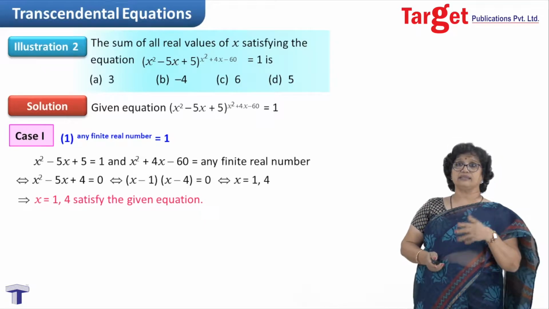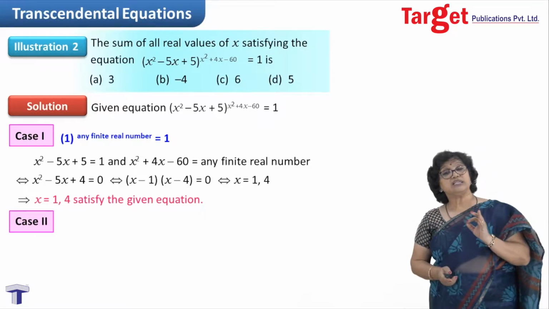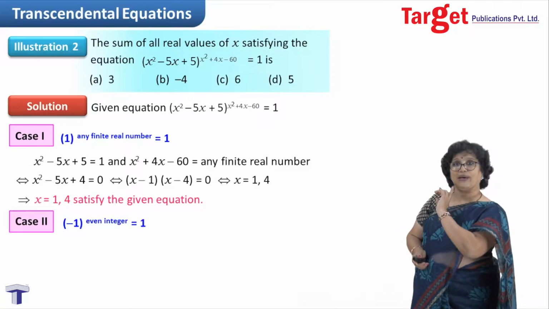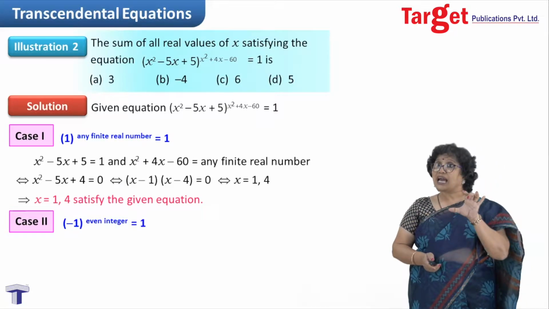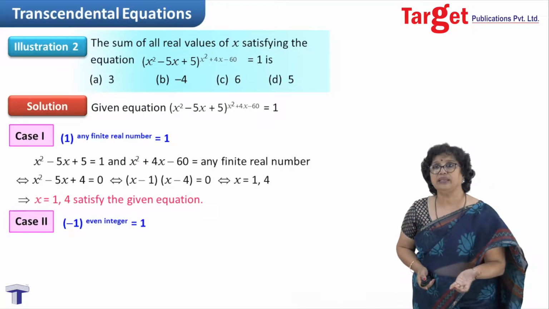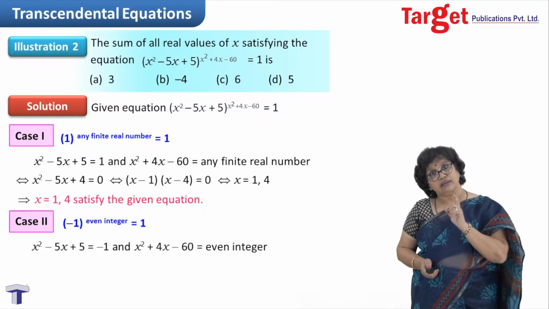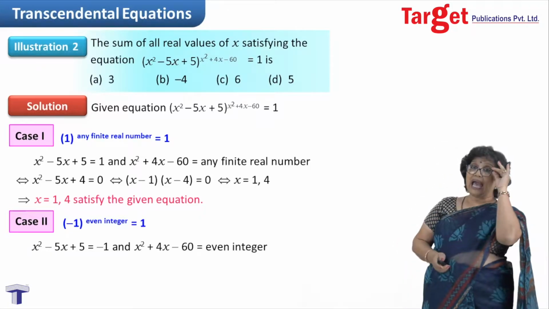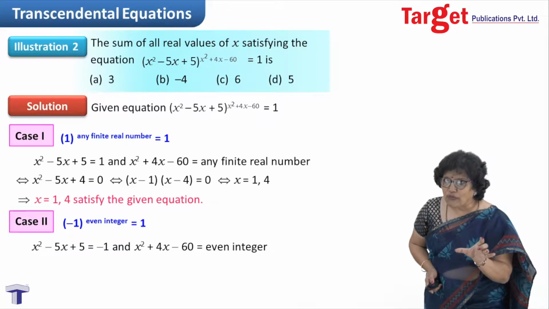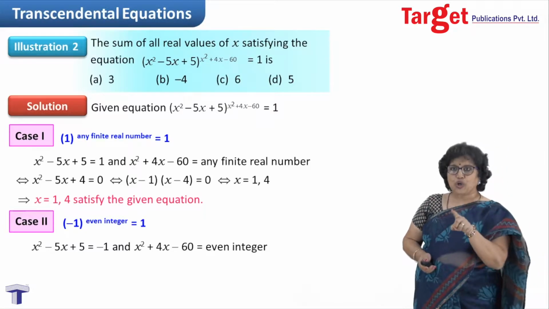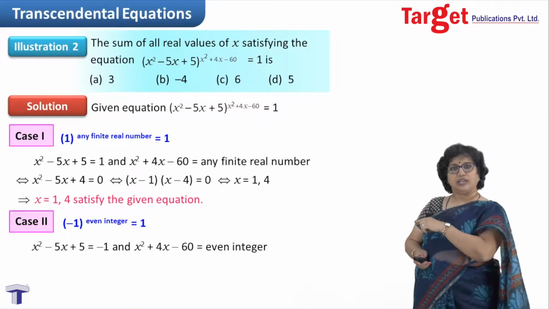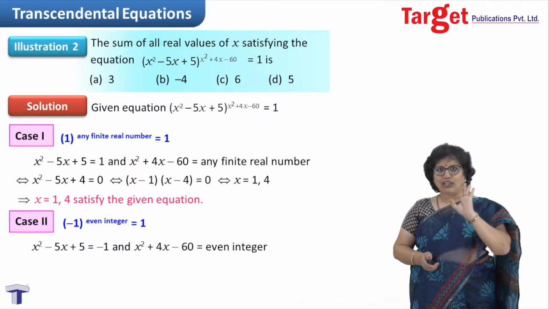Now let me take the second case. My second case is minus 1 raised to an even number is 1. So first I will have to make the base minus 1. That is x square minus 5x plus 5 equal to minus 1. And whatever value of x I get from here, that should make x square plus 4x minus 60 an even integer, and that value would be picked up.